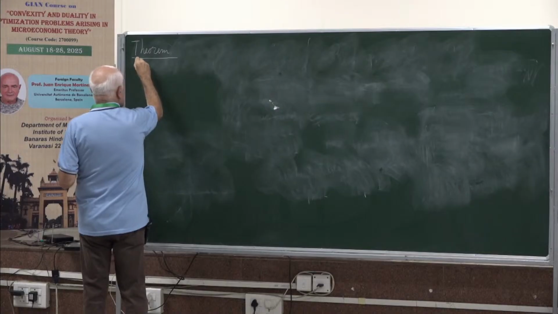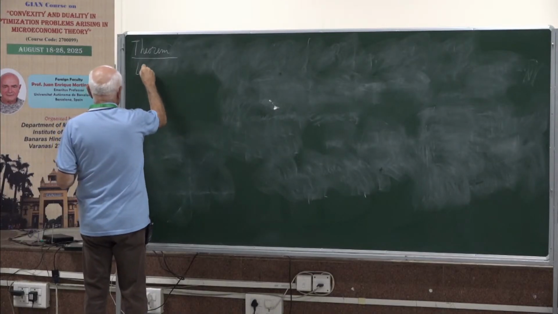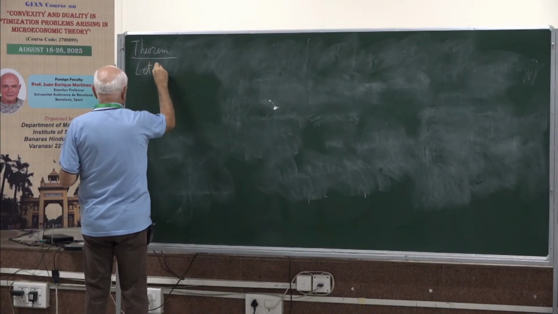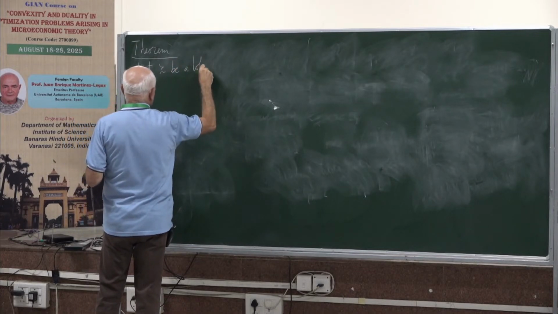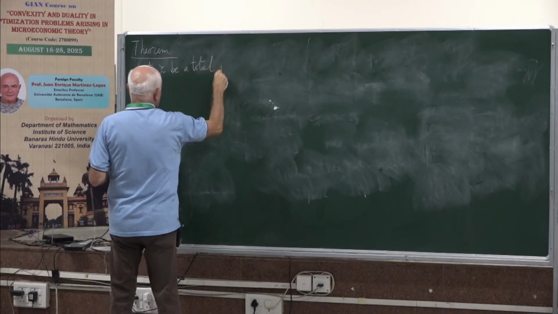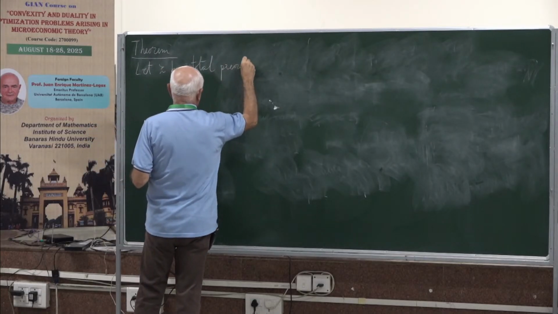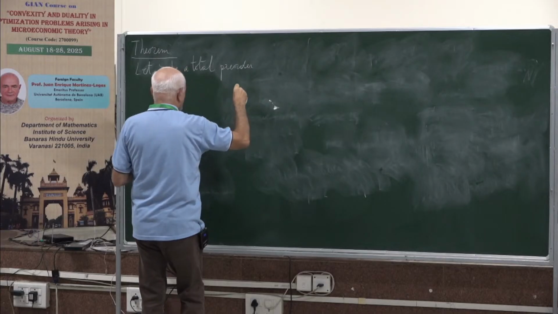So the theorem says, let this be a total pre-order on R plus n.